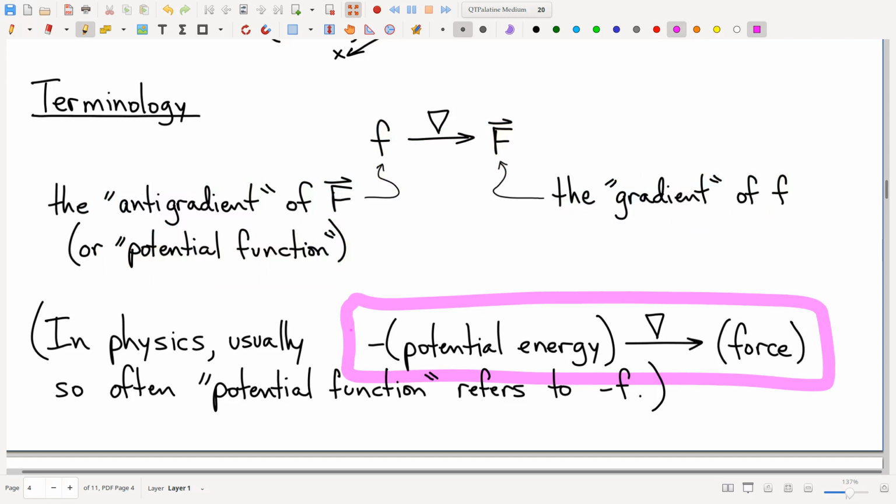There is this idea of gravitational potential energy, and there is the idea of gravitational force, and the force and the potential energy are related. If you haven't had a physics class, if you haven't seen this before, don't worry about it. It's okay. This is just an example. But what the example is, is that the negative of the potential energy is the function whose gradient gives you the gravitational force.